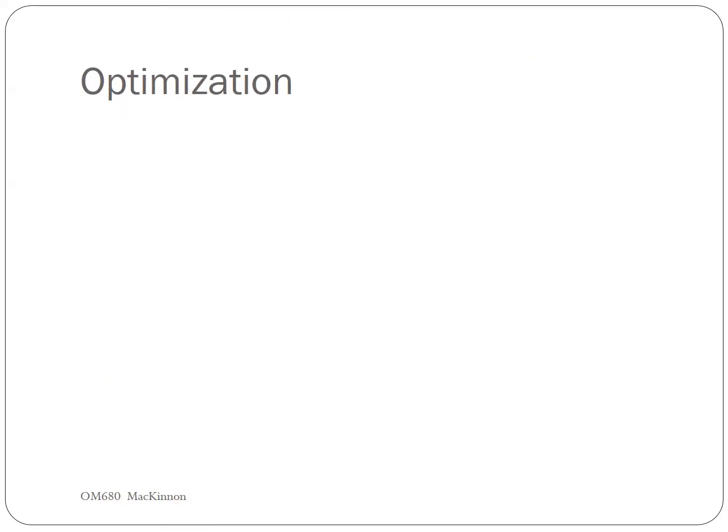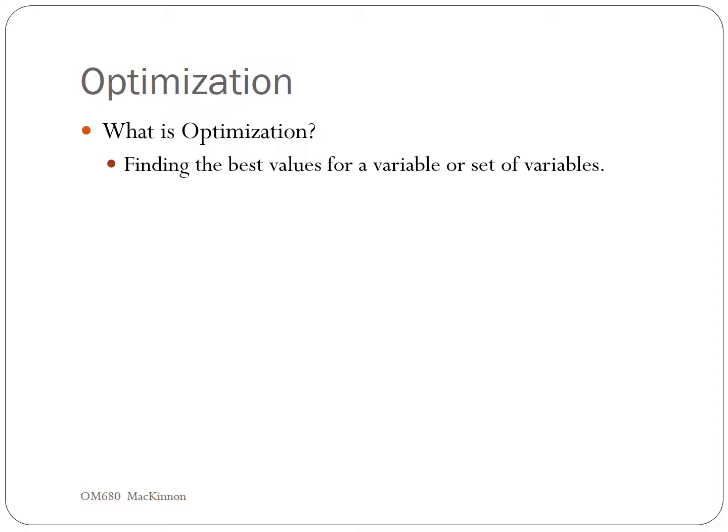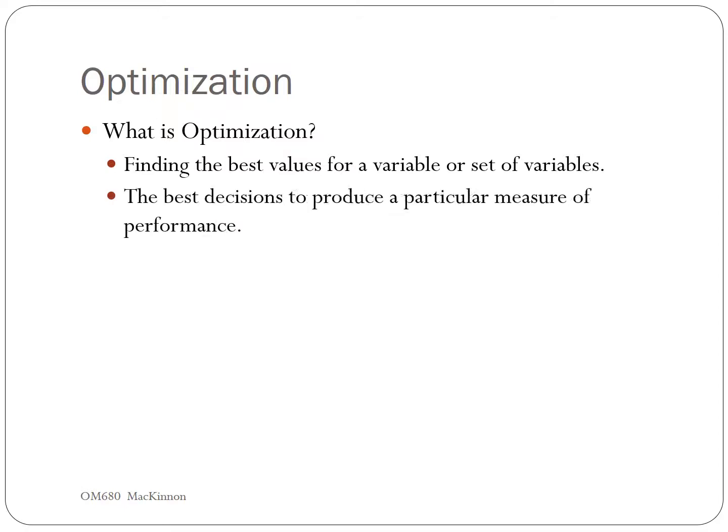Much of this class is concerned with optimization. Okay, and so that brings up the question, what is optimization? Optimization is finding the best value for a variable or a set of variables. We call them decisions. We want to make the best decisions that we can for some particular purpose. And that purpose is usually to achieve an optimal measure of performance.